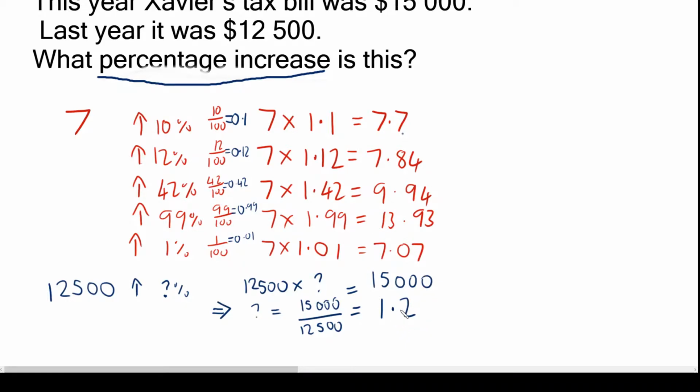And what that is, that's a 20% increase. 1.2 is a 20% increase. Because that 0.2 is equal to 20 over 100, which is 20%. When it's an increase, it's 1.2, so it's a 20% increase.